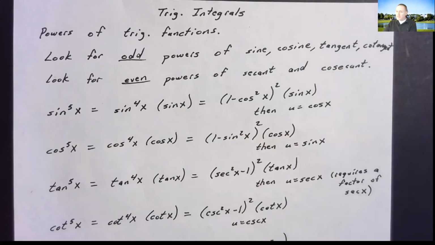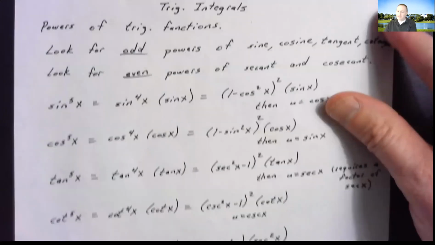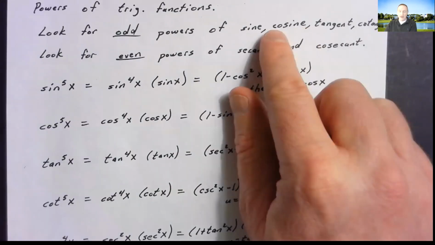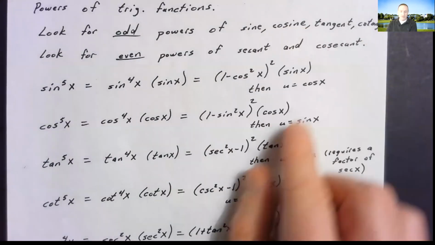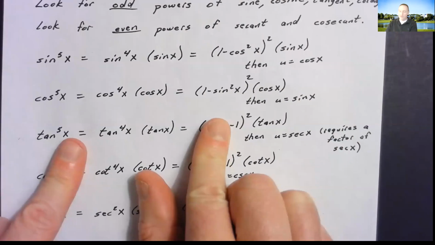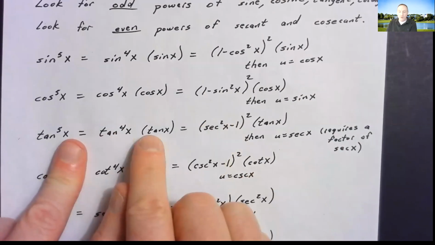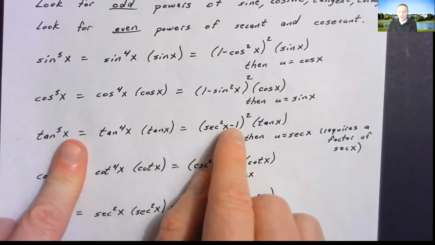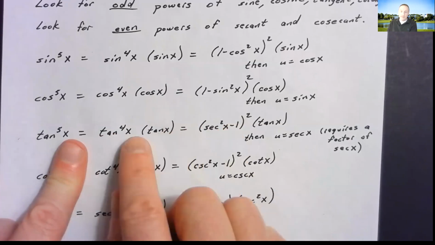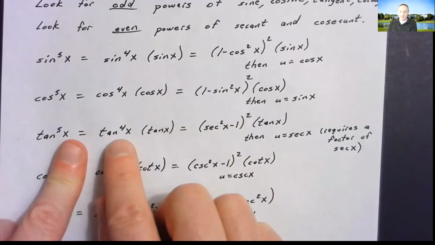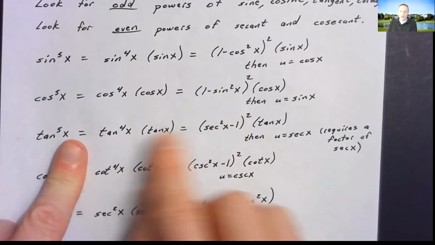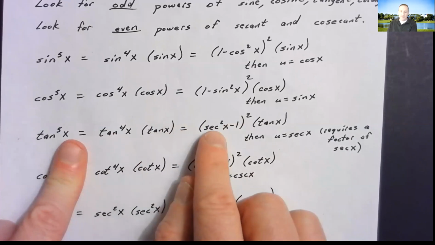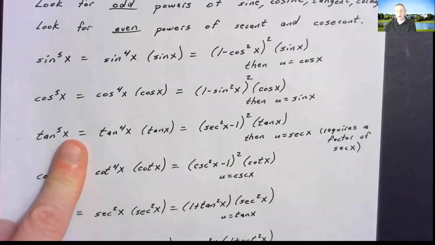Now, if I have the tangent function, same idea. If it's an odd power of sine, cosine, tangent, or cotangent, I treat it the same way every single time. I'll take all but one power of the tangent function and write it in terms of secant squared. Keep in mind your Pythagorean identity for tangent, and you can go back and look at your Pythagorean trigonometric identities if you need, but tangent squared x is equal to secant squared x minus 1.